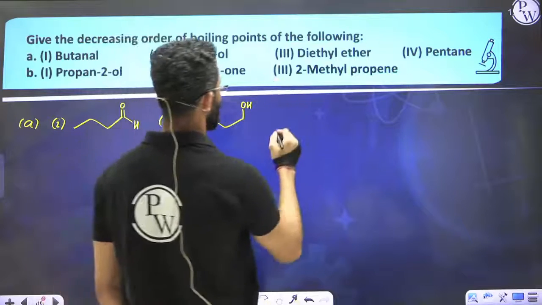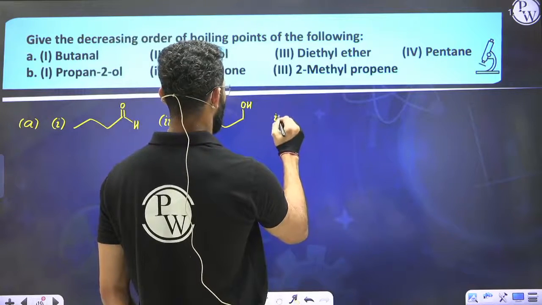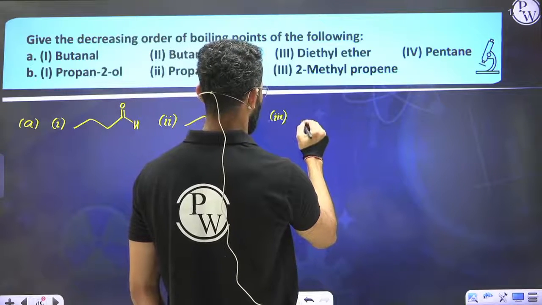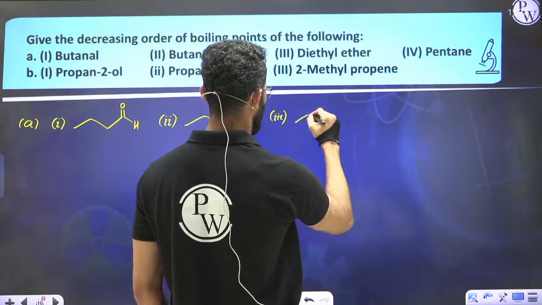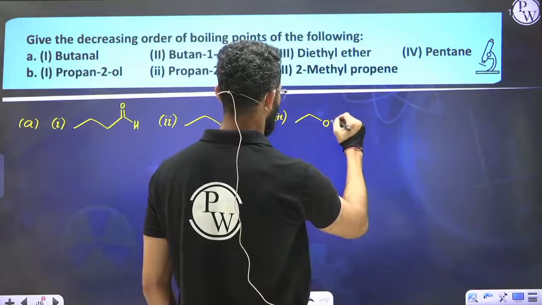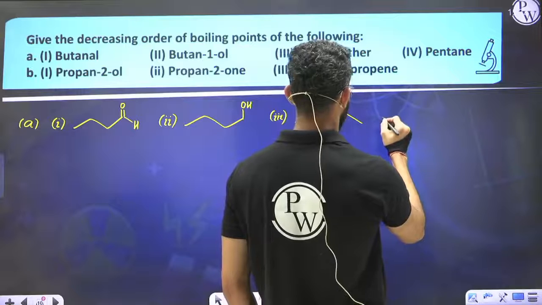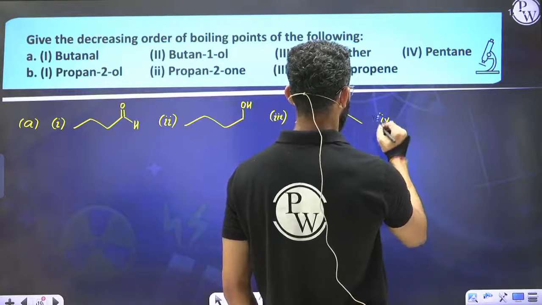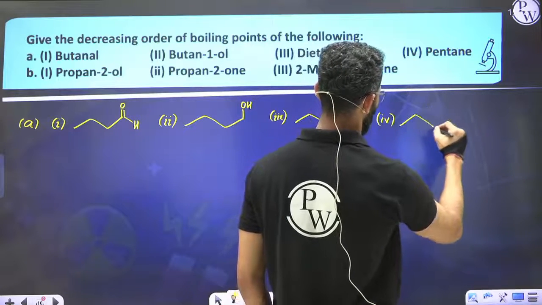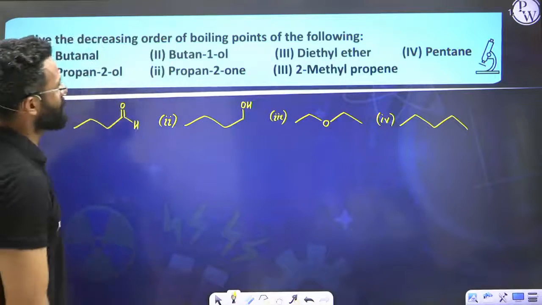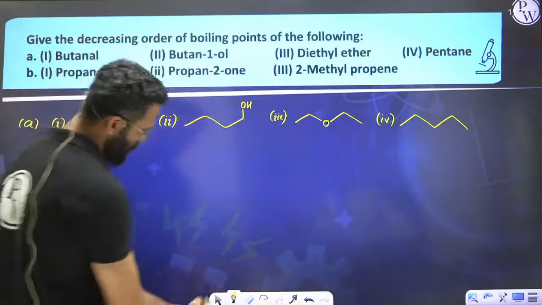Third is diethyl ether, 3. Fourth is pentane, 4. Well, nothing is mentioned, so we assume it to be n-pentane. Now we have to find out the order of boiling point.